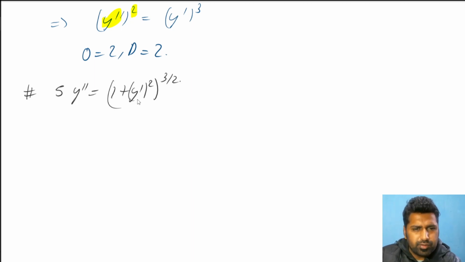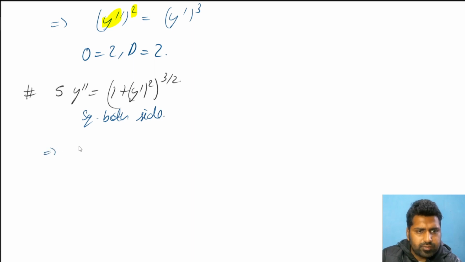Again, just trying to confuse you with a lot of powers. First of all, power 3 by 2 means y dash is somehow inside a fractional power. It cannot be allowed. You cannot define degree based on that. So see if you can remove the fractional powers or not. So if I try to remove the fractional powers, I have to raise the power on both sides by 2. So squaring both sides.